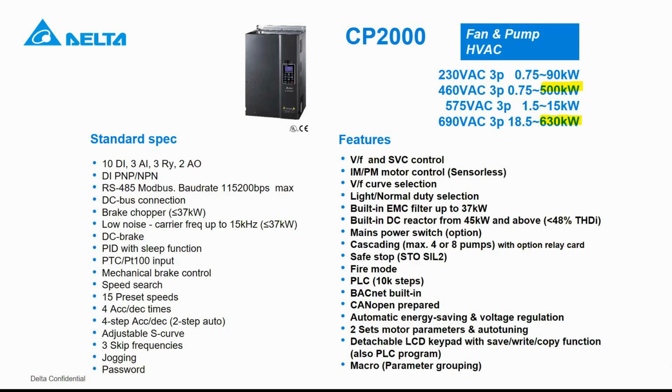So normally fans, pumps, and this type of applications, you normally see that they don't really need more than 100% or 110% overload. So that's why it's a drive designed for light duty or normal duty. You can also select that.